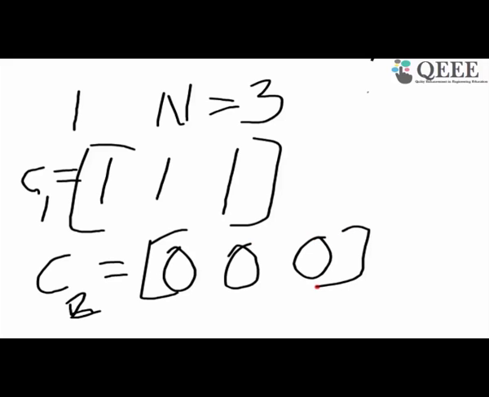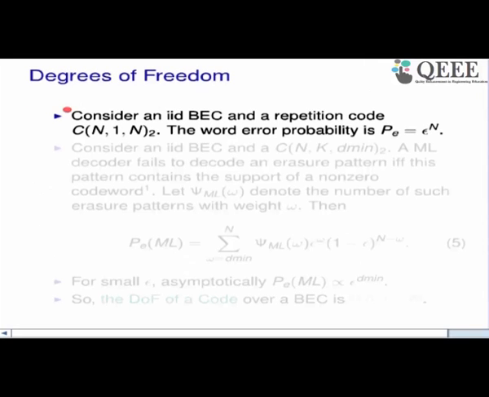The Hamming distance between these 2 code words is the number of places they vary, and you can easily see that they vary in 3 places. So the minimum distance is going to be 3. And for a general N repetition code, the minimum distance is going to be N.